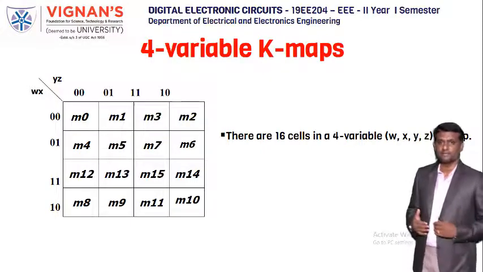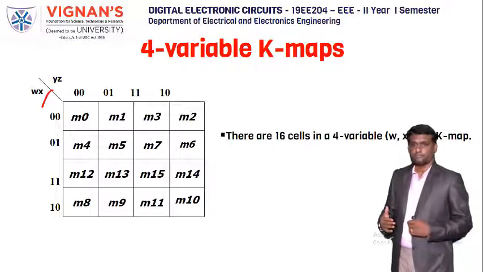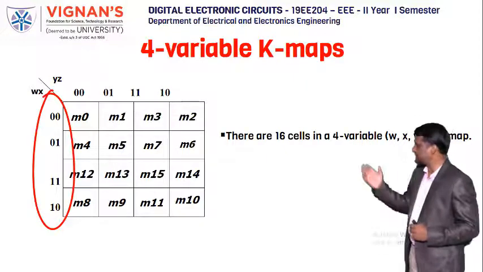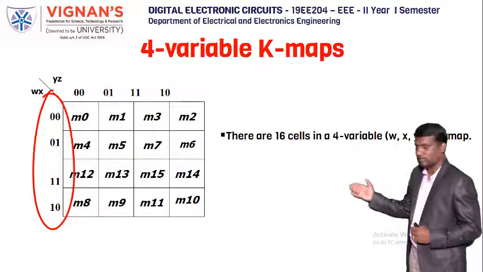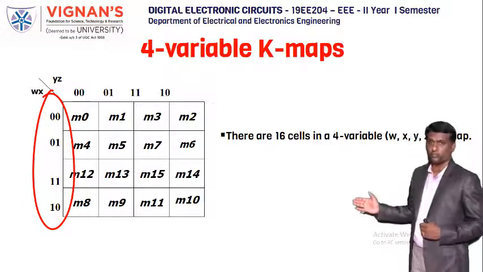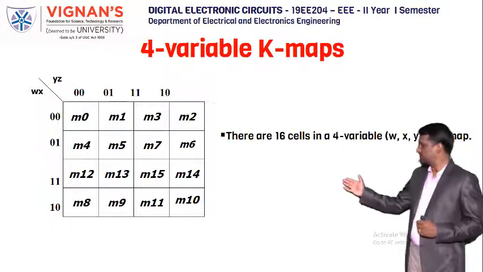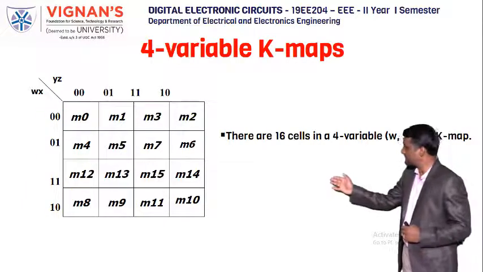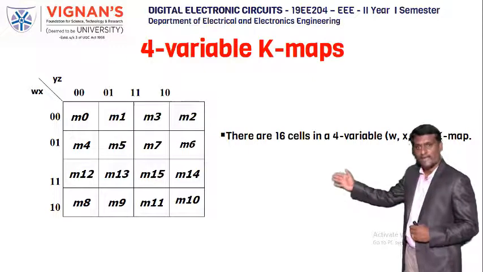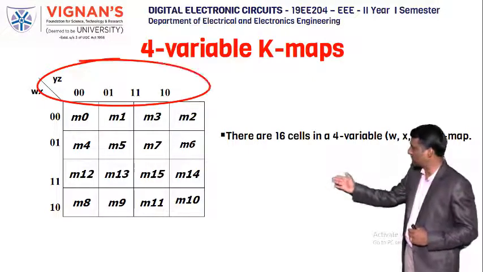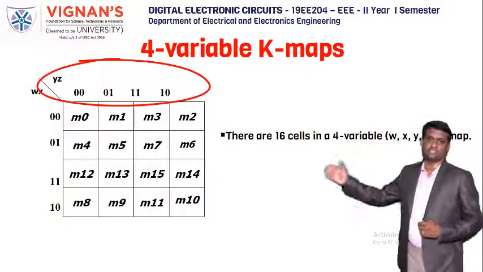So, if you observe, the columns representation is 00, 01, 11, 10 with the variables WX. The rows representation with the 2 variables YZ are 00, 01, 11, 10.